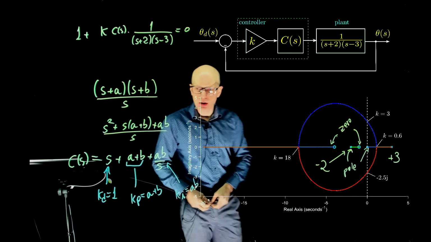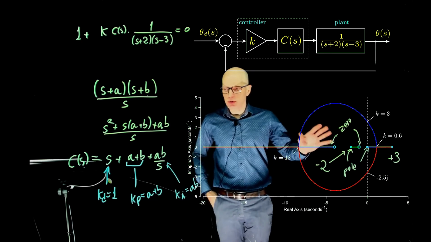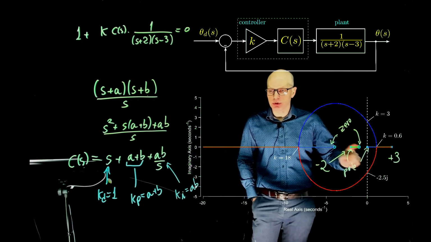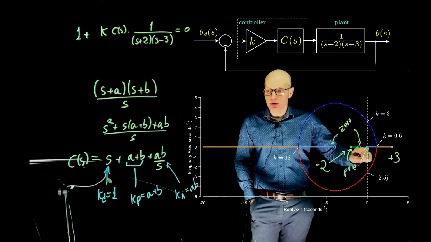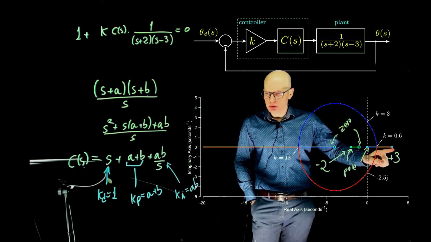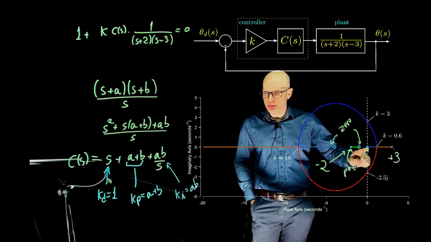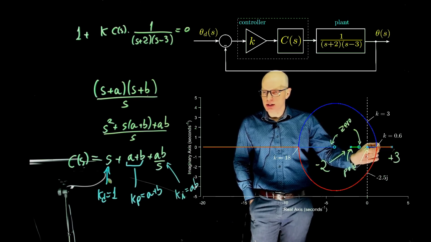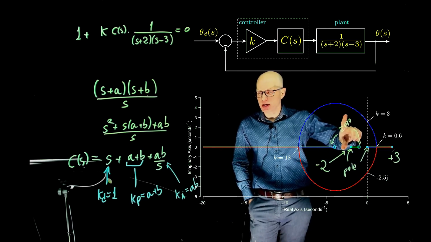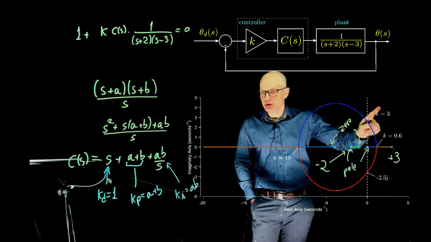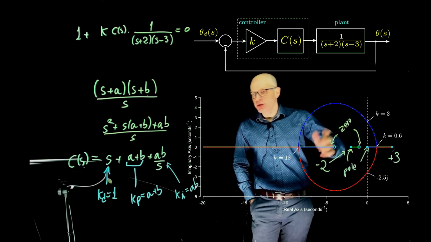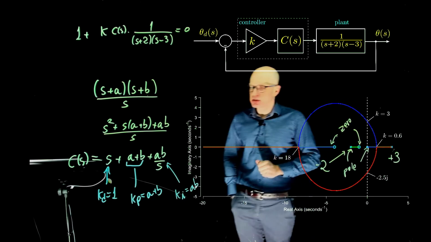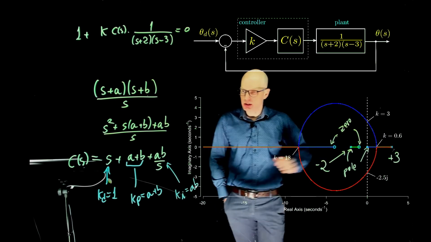Yes. So the graph shows that for low values of k, we have these two poles here that will be unstable, and as we increase k, they are coming together here. One goes up and then one goes down. And for a certain value of k, which happens to be 3, they enter the stable zone. The system now becomes stable because there will be no poles in the unstable zone.